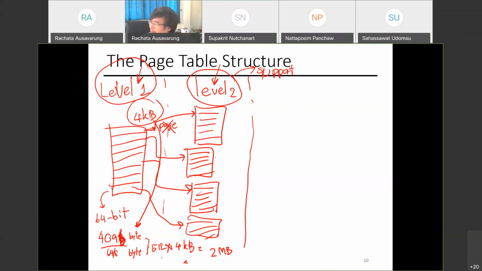Anyone want to guess how many levels your current machines go to? You have a 64-bit machine, so it can go to more than 2 levels. Anyone want to take a guess on how many levels it goes down to?